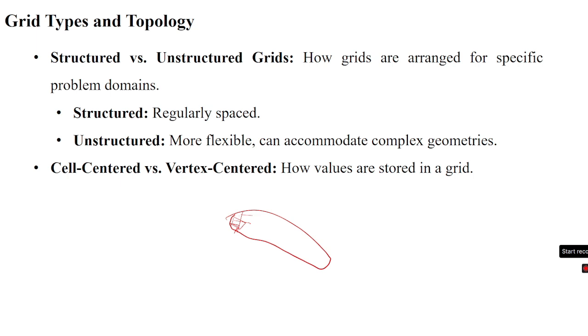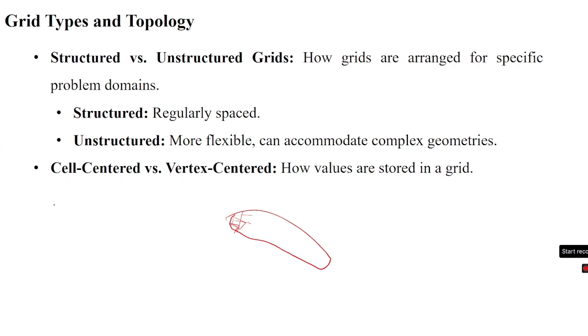Now there are various variable storage techniques. What are the calculations we are performing? What are the values of the parameters we are calculating? Suppose cell-centered variable storage methods.